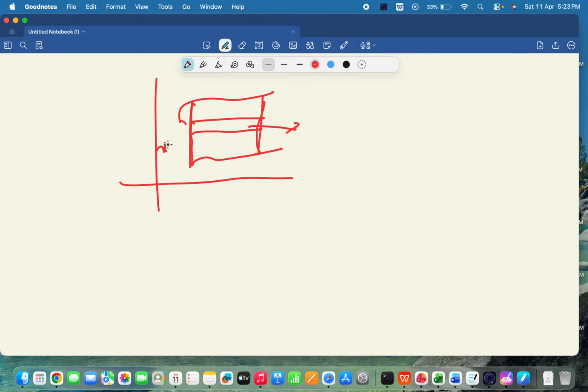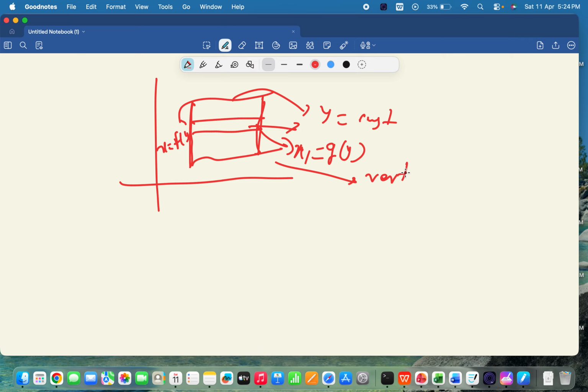This is called x is equal to f of y, and this curve is called x1 is equal to g of y. In that case, our y will be constant, and this limit is called vertical strip method.